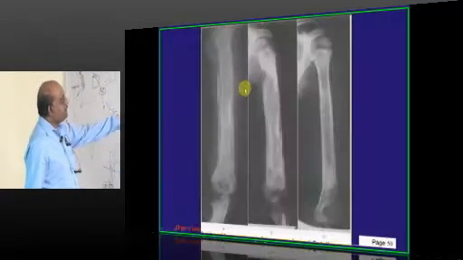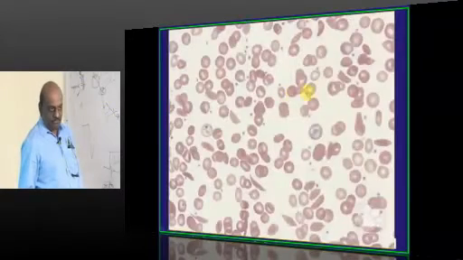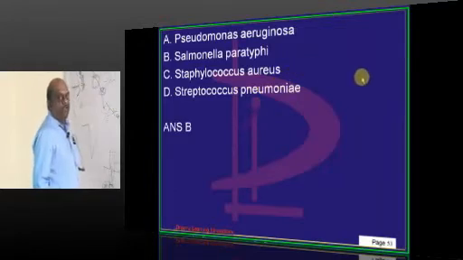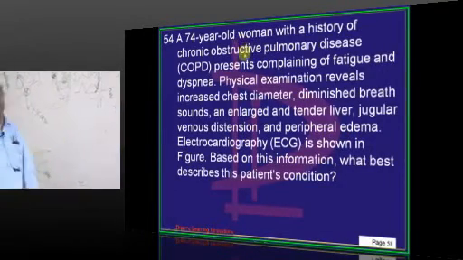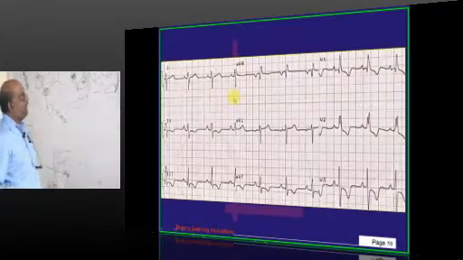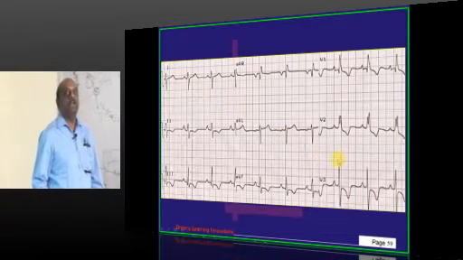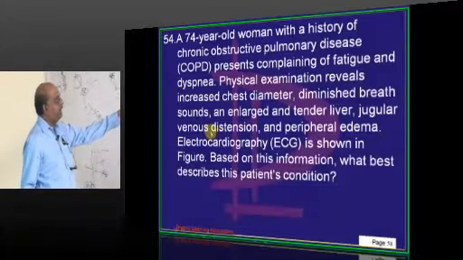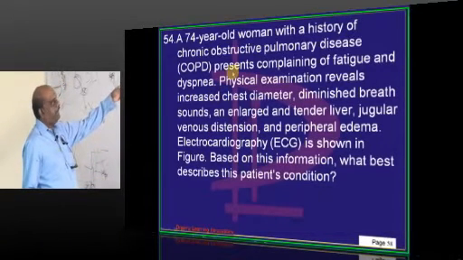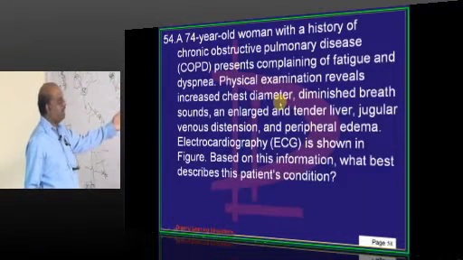So that is the reason this osteomyelitis which you are seeing is because of Salmonella paratyphi, is what you have to remember. Then a 74-year-old with a history of COPD presents to you because he had taken an antibiotic along with some of the medications that he was taking.